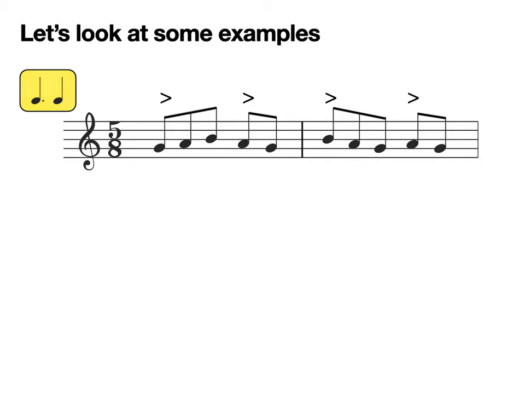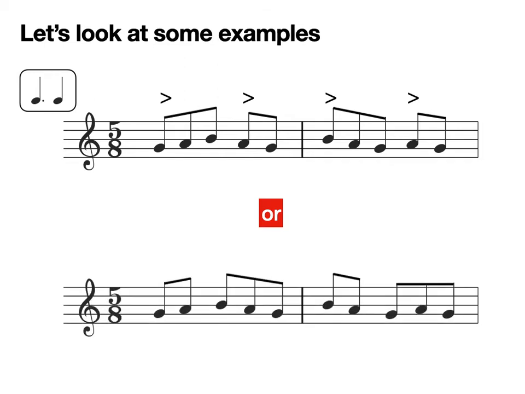This could also be written the other way around. As you can see, this way round, we have a crotchet followed by a dotted crotchet.